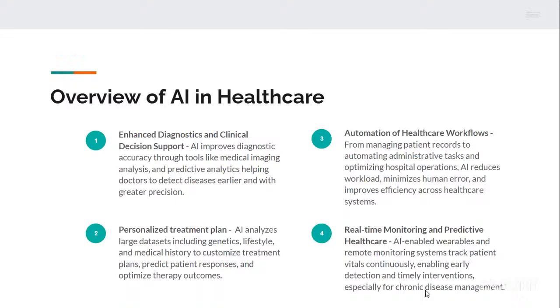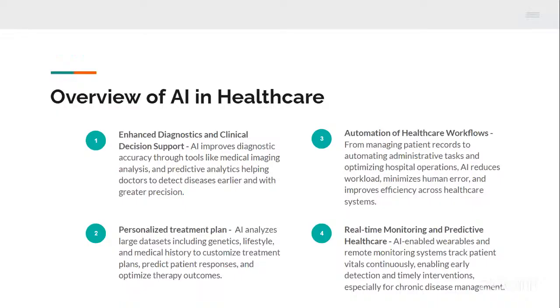Overview of AI in healthcare. To introduce AI in healthcare, there are four different ways. First, in the diagnostics part, the AI learns from our old data sets and predicts and analyzes new diseases, or helps detect disease earlier with great precision. Next is automating healthcare workflows.